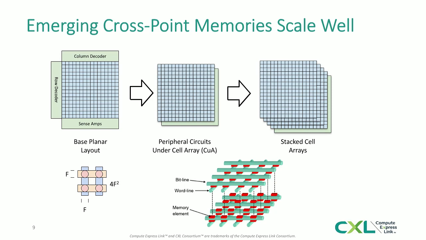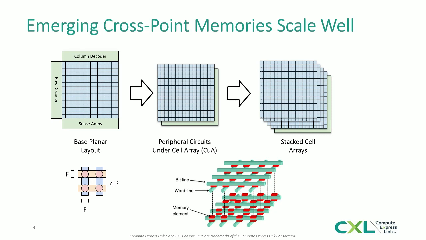And when we move to emerging memories, the memory is not implemented on silicon, but based on the metal technology that we have today. So you essentially have word lines and bit lines that are orthogonal to each other, and the memory element is sandwiched between them. So they sit above the silicon layer, and the silicon can be used to implement the peripheral circuits. So that's step one.